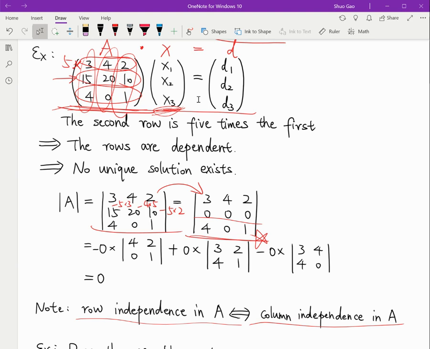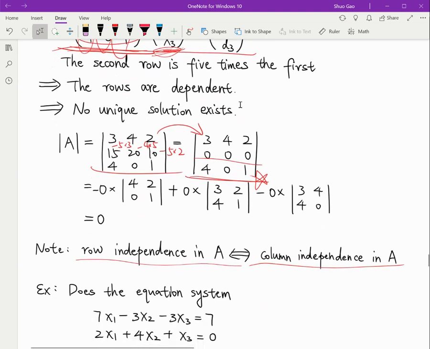So if the three columns are linearly independent, then we will also know that the three rows of A are linearly independent. Right, so from one thing we can know the other, and from the other we can know the first one. So the relationship is if and only if, right?